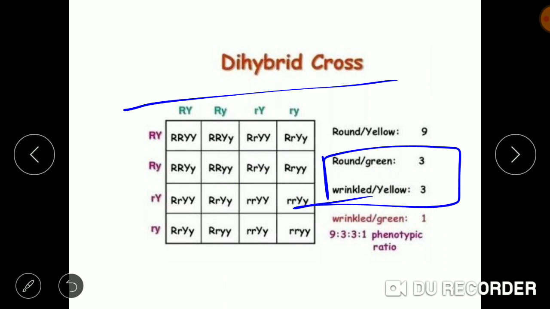The offspring phenotypes will be completely different from the parental combination.